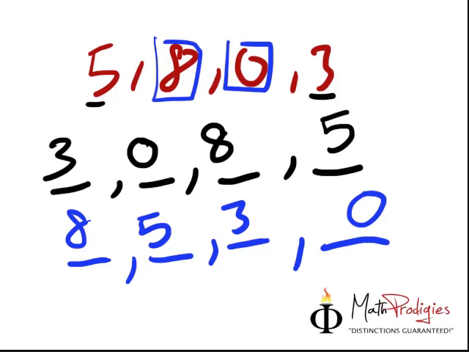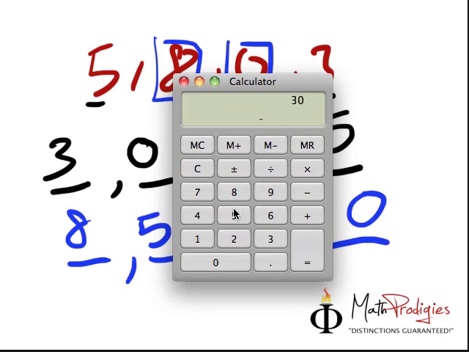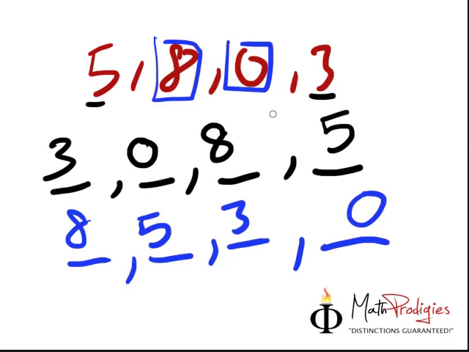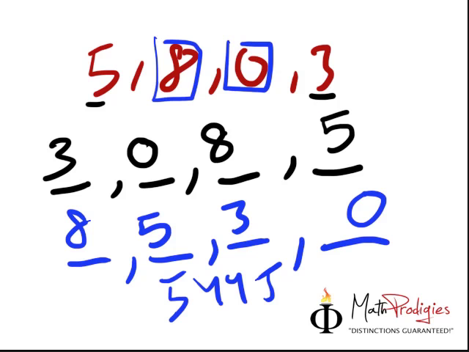So just minus it off. I'm going to use my handy dandy calculator. 8530 minus 3085. The answer is 5445. And that is the final question on that. And if you got all of those right, I'm very proud of you because you are a math prodigy. Good job. All right, so we are done for question number 1.